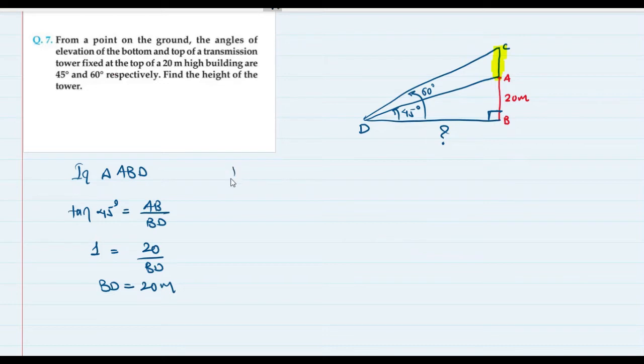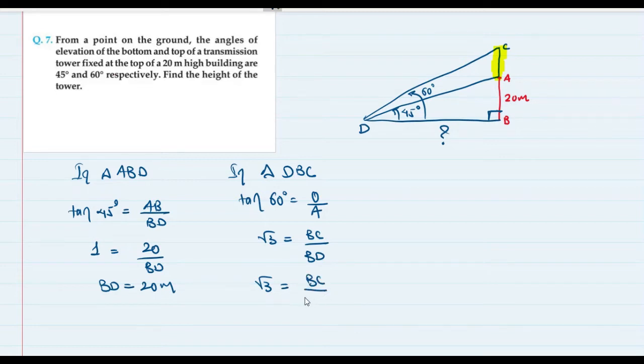Okay, now in triangle DBC, can you see triangle DBC? In triangle DBC, tan 60 is equal to opposite upon adjacent. Tan 60 is root 3. Opposite of 60 degrees is BC and adjacent is BD. So BC we don't know, and BD is 20.